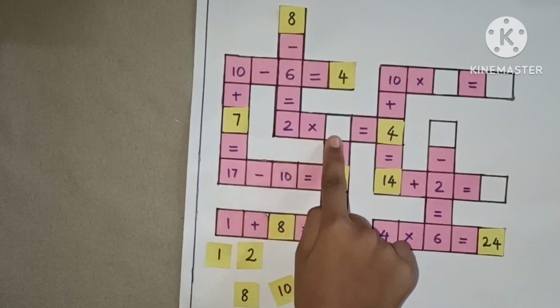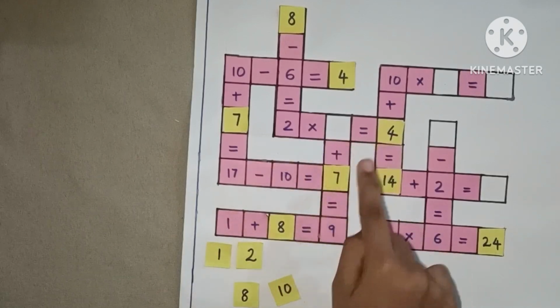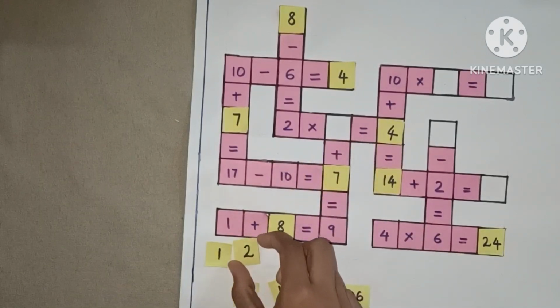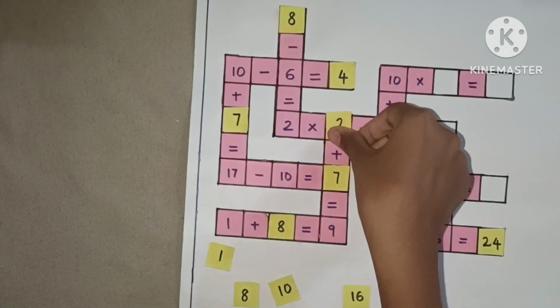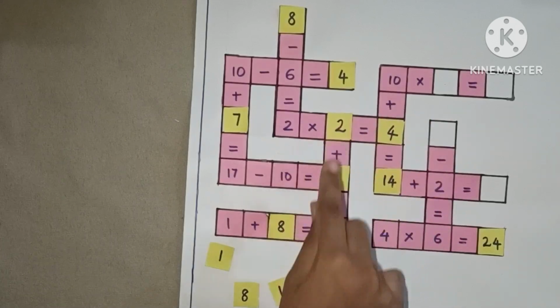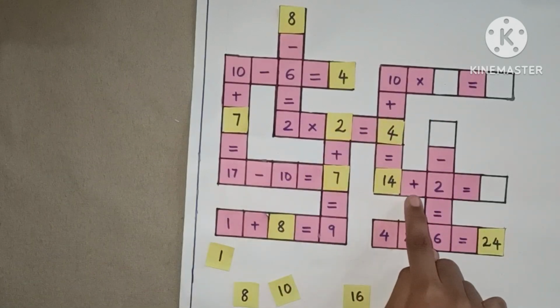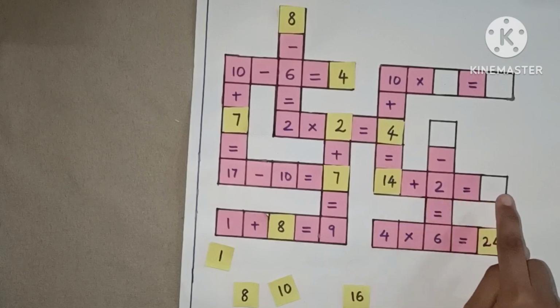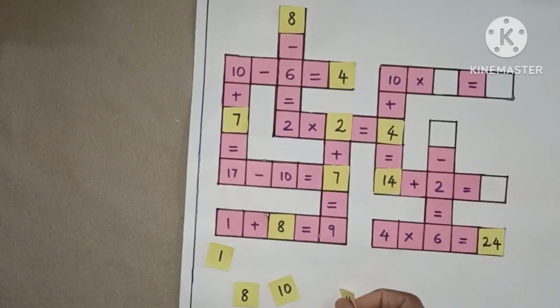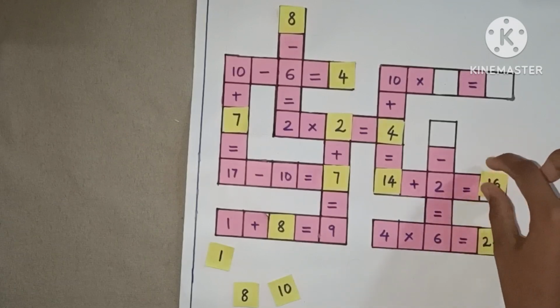2 into dash equal to 4. It's 2. So 2 into 2 equal to 4. 14 plus 2 equal to which number? It's 16.